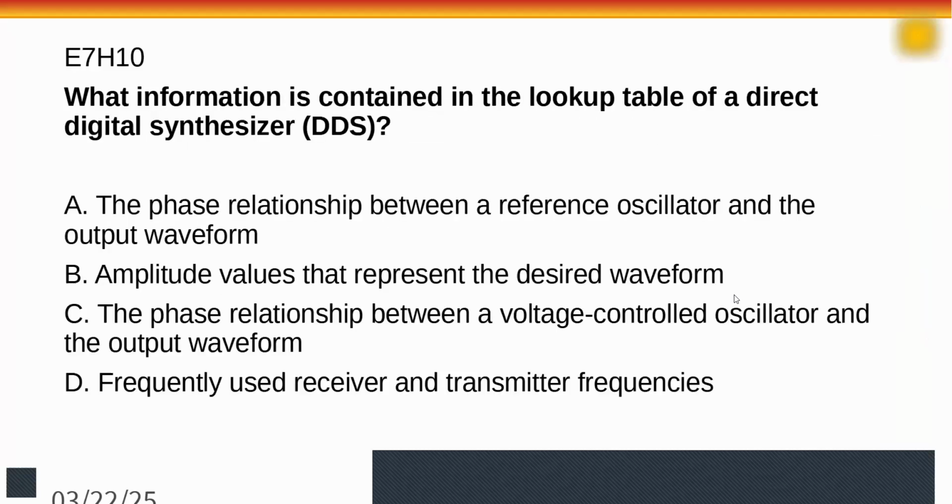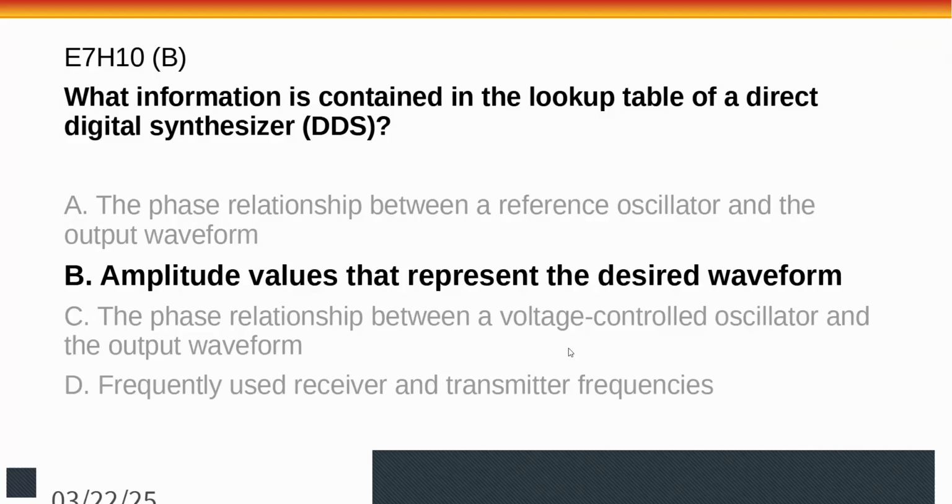What information is contained in the lookup table of a direct digital synthesizer? Bravo. Just the amplitudes for each sample.